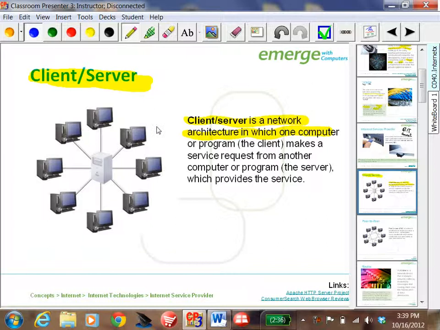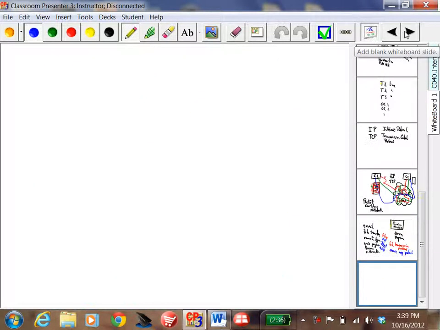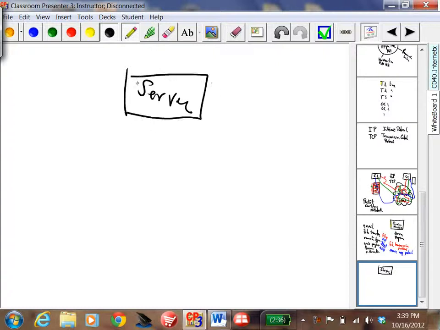So the client and the client server model. So the server is sort of always up, okay? Open for business. And the server has to be configured to be able to handle a certain number of clients, okay?